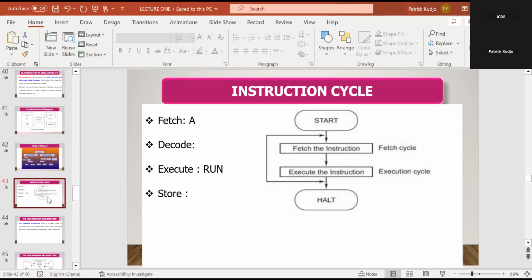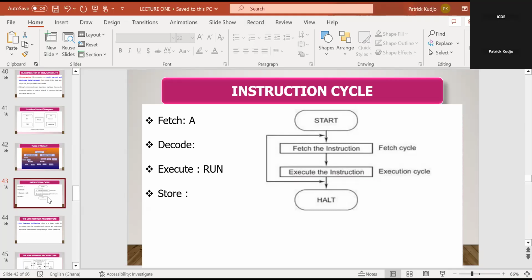At the decode phase, what happens? The instructions that were fetched from the memory are now broken down into smaller units, into smaller components. Why? This is to ascertain the type of operation to be performed.